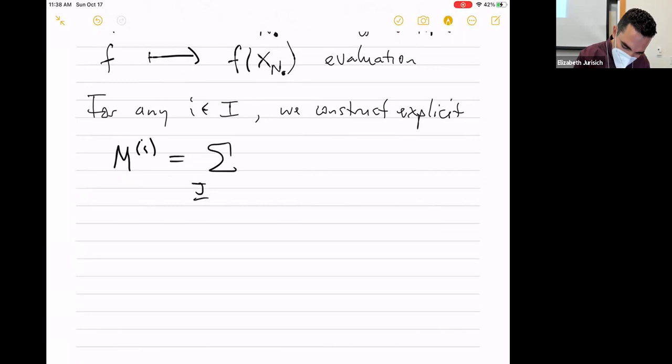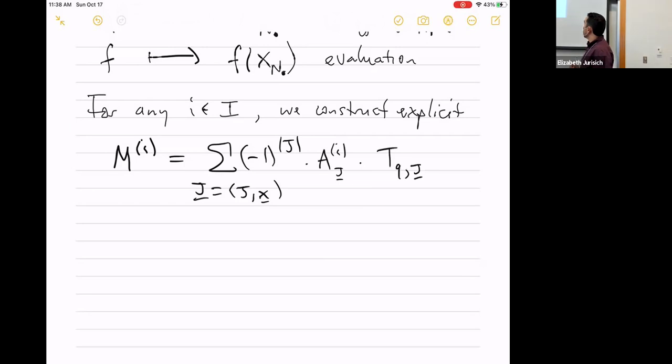The sum is over a set, which I'll describe in just a moment, but it's an alternating sum. And you have some coefficient, which depends on J underline. And then you have this T_{q, J underline}. So it looks like the Macdonald operator structurally, but it's quite different.